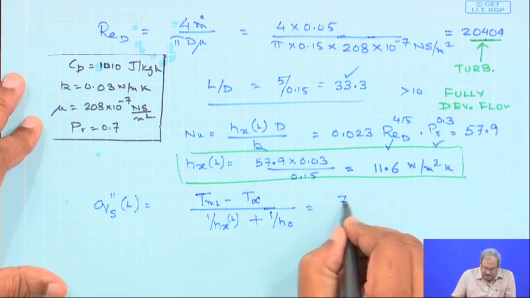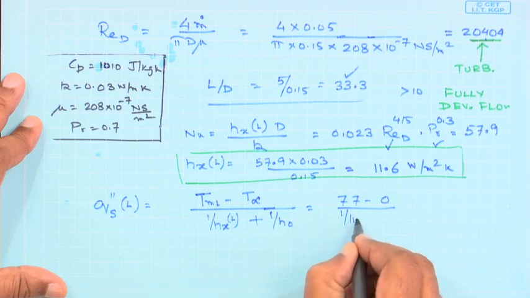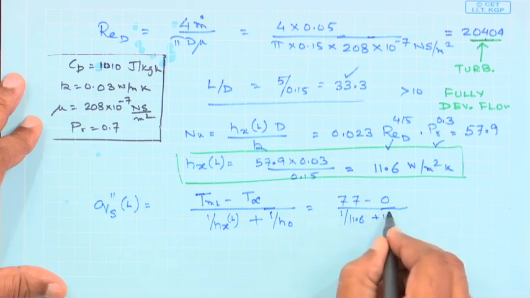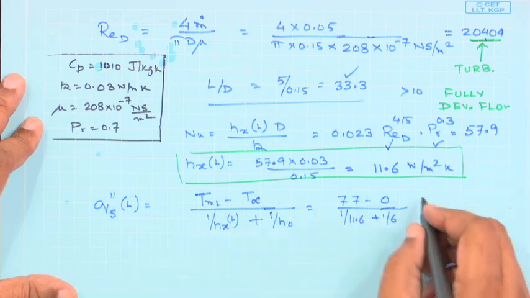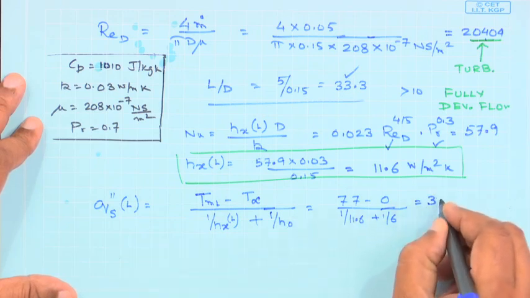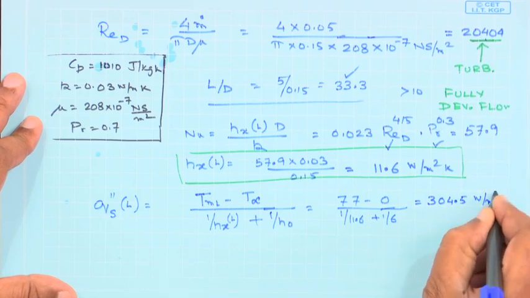So, this would be 77 minus 0 divided by 1 by 11.6, the value we have just obtained, plus 1 by 6, the heat transfer coefficient which is provided, and this would turn out to be 304.5 watt per meter square.